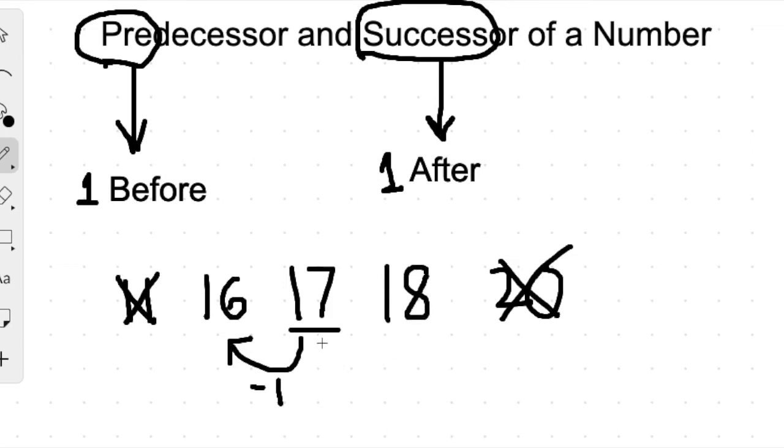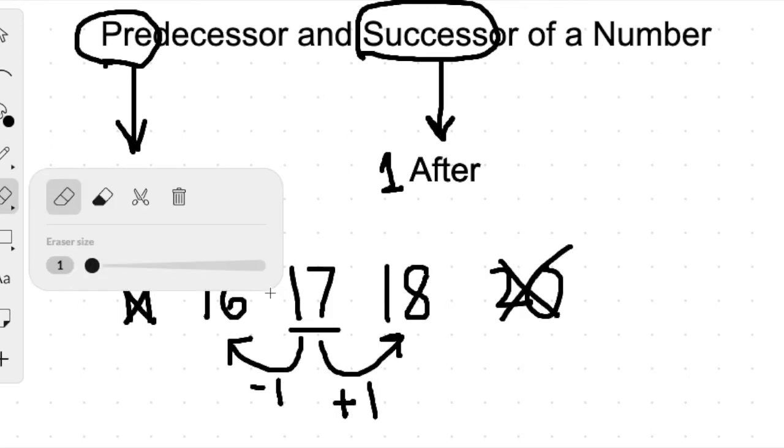And if you see, 18 is 1 more than 17. So, now successor of a number is 1 more than the number and predecessor of a number is 1 less than the number or 1 before the number.